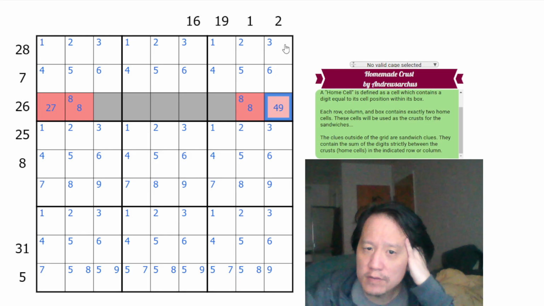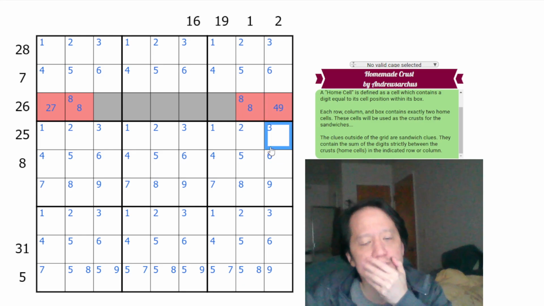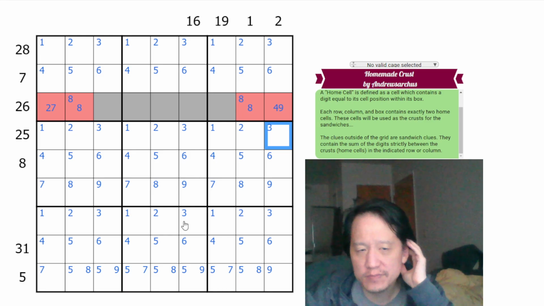And that would have to be 3, or this would be 6, and then you would have a 2 in one of these two spots. Don't know if that's helpful.